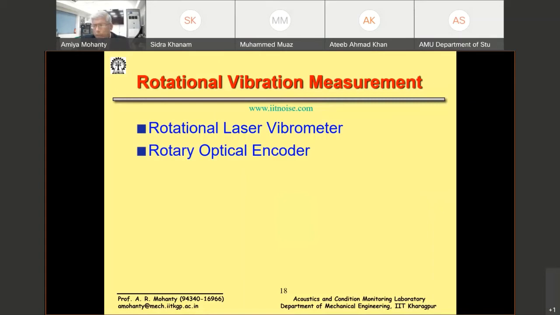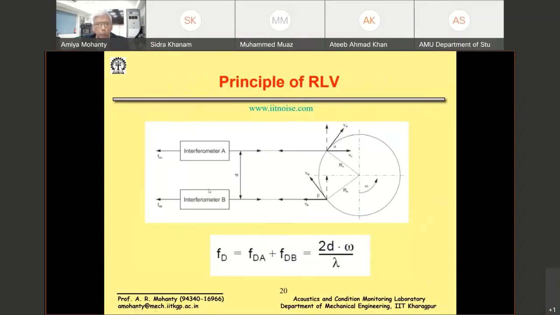So the idea was, if I have two laser beams, separated at a distance d, okay, this d is known to me. This is the wavelength of the laser beam. And I can know the frequency omega at which this is rotating, and these are very instantaneous.